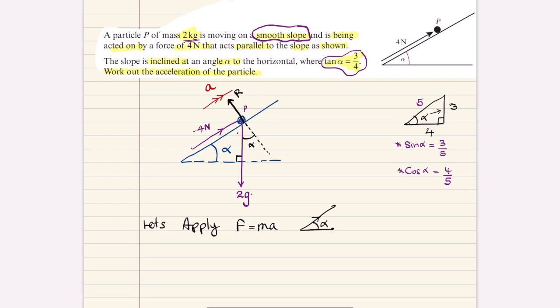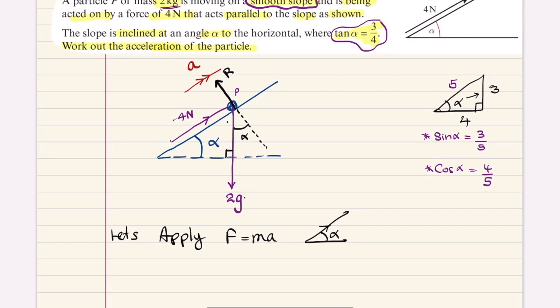When you apply F equals ma, the first thing you need to do is carefully look at all the forces acting on this particle. You have a weight component, you have 4 newtons, and you have the normal reaction. Out of these 3 forces, one is not going to be considered. That is going to be the normal reaction.